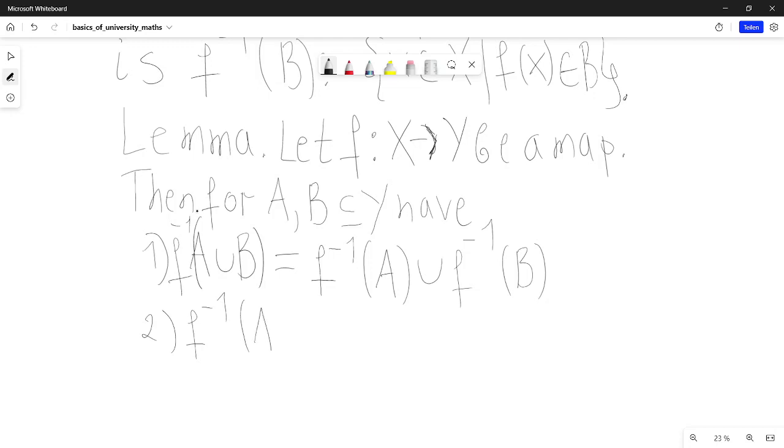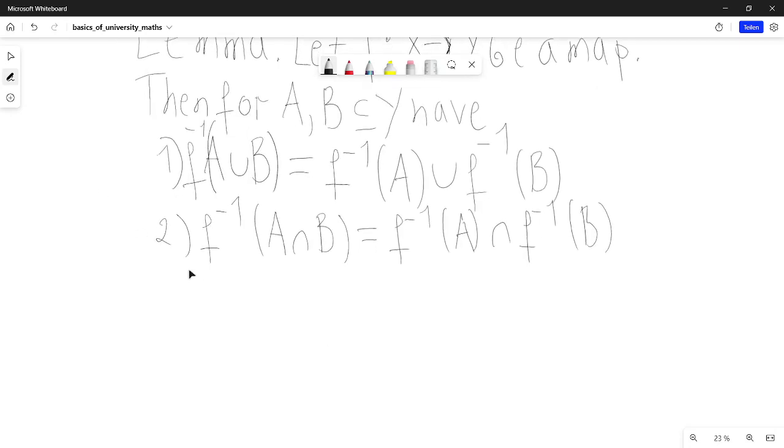Also compatible with intersection. What else do we have?